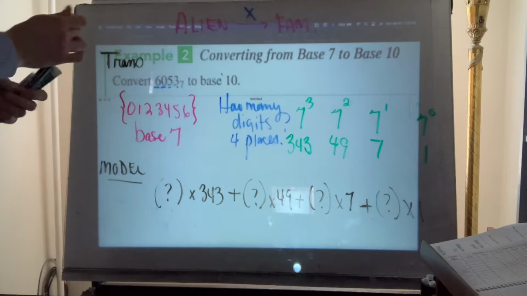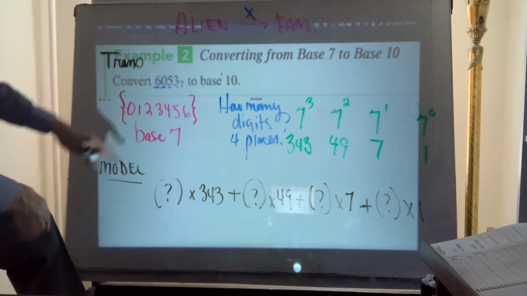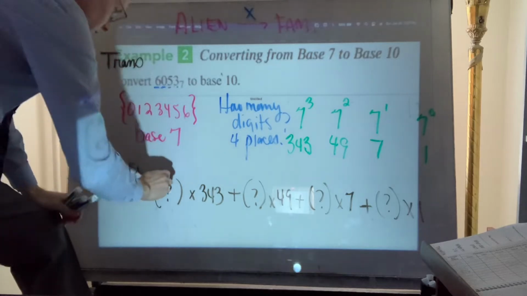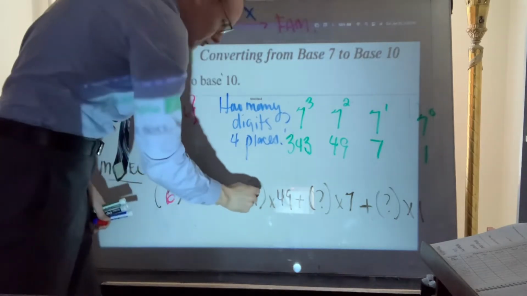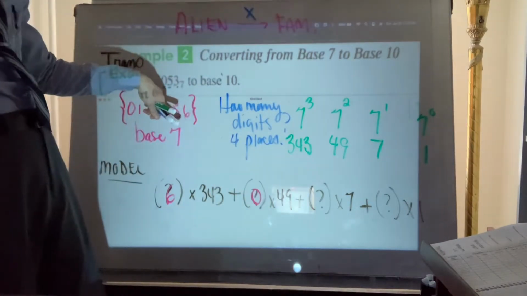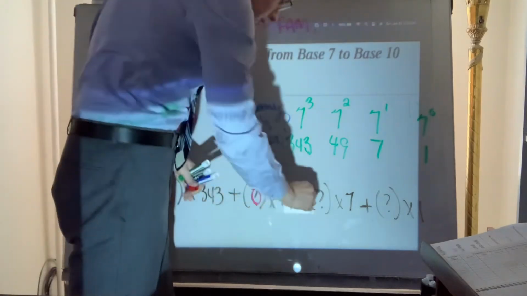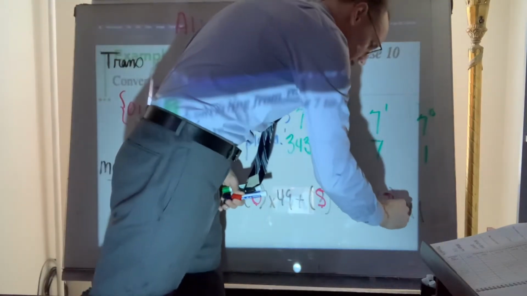Now, let's fill in the appropriate digits and go about our business. All right. 6 is here, so it would be 6 times 343, 0. That one's going to be easy, right? 0 would be here for the second one of these, working from the left. Then there's a 5, and then there's a 3. Right.